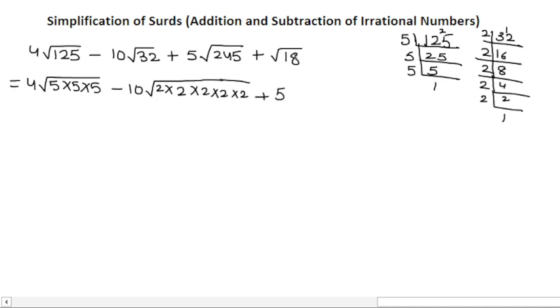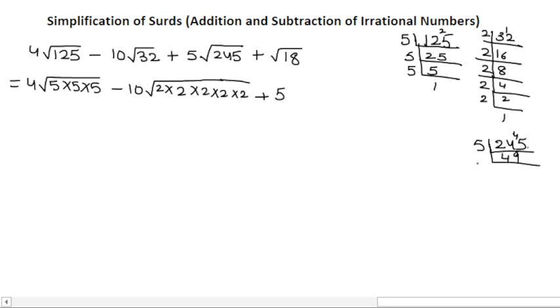The next number is 245. We'll achieve the same thing with the prime factorization method. So I have 245. What number should I start with? The number at the units place is 5, which means I can divide it by 5. I cannot divide 2 because 2 is smaller than 5, however I can divide 24 by 5. 5 times 4 is 20, remainder is 4, I get 45. 5 times 9 is 45.